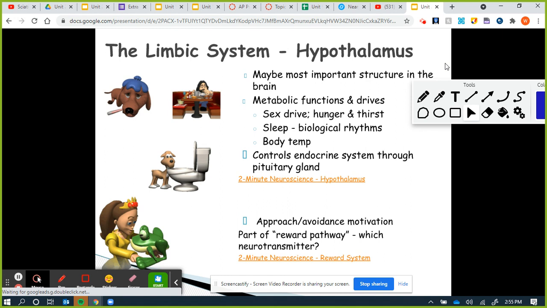Controls when we are hungry. Controls when we are thirsty. It is on what is called a feedback loop with the endocrine system. The hypothalamus controls the endocrine system through the pituitary gland. The hypothalamus sends signals out to the endocrine system, and then the endocrine system sends signals back up to the hypothalamus.